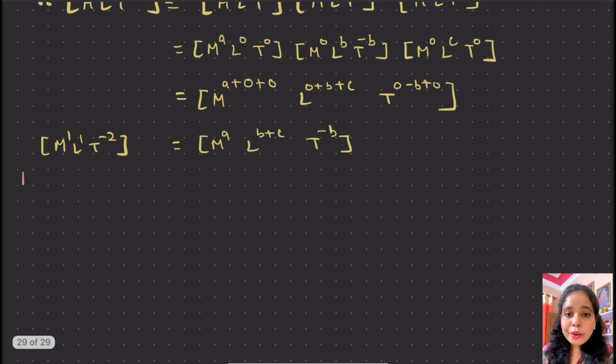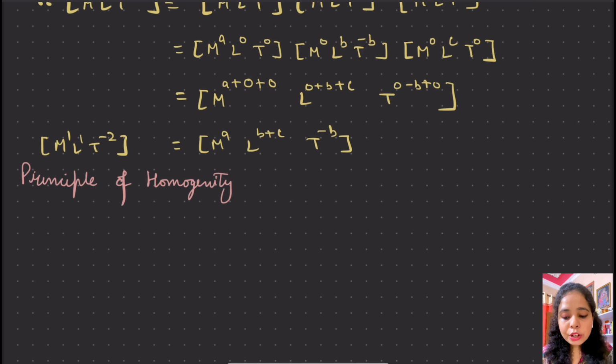Now according to principle of homogeneity, once again the powers on the physical quantities are same on both sides of a physical equation. So according to principle of homogeneity, we have 1 is equal to A, that is power of mass is same on both the sides.